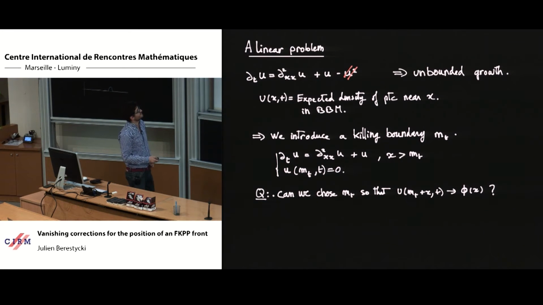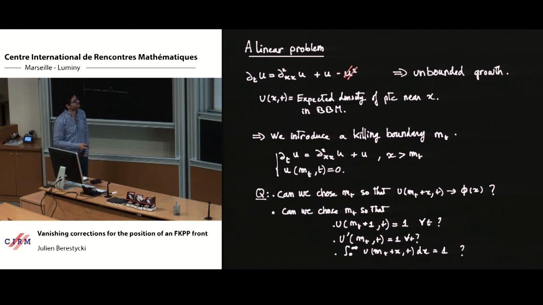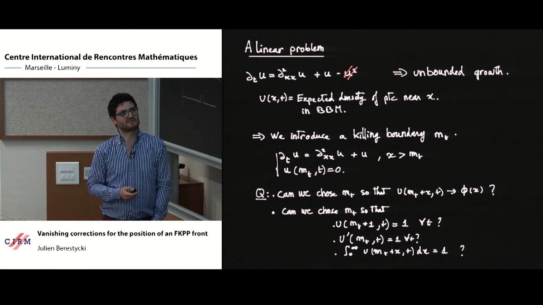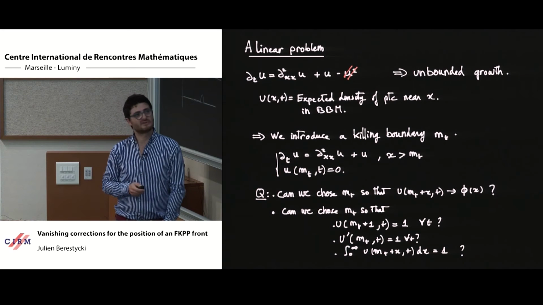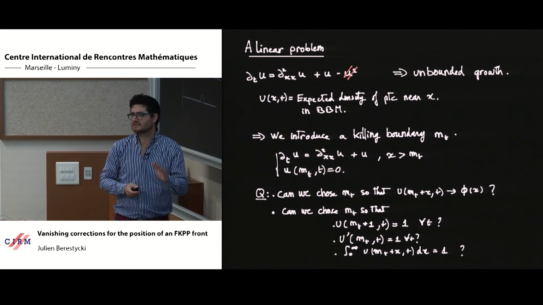This is not the only thing you can ask in this problem. You can impose some other condition. For instance, you can ask whether I can find a solution to these two equations such that the solution at distance 1 from this killing boundary is always exactly 1. Or maybe the derivative at the killing boundary is exactly 1 always.